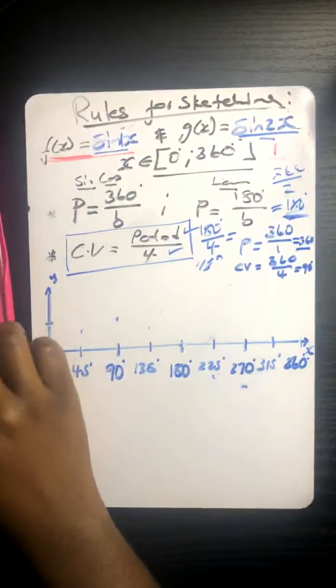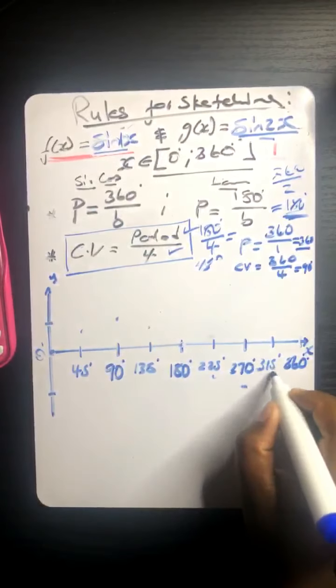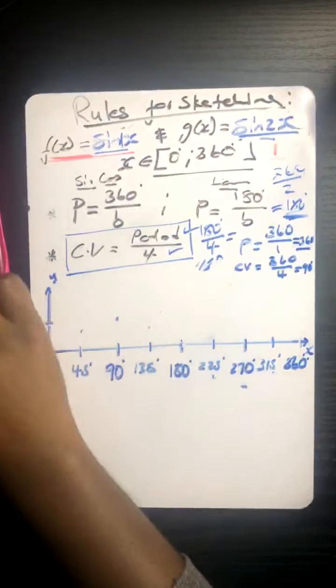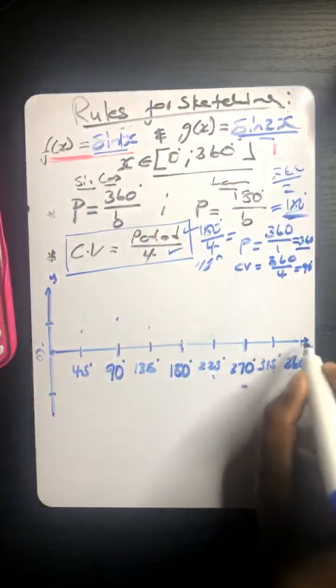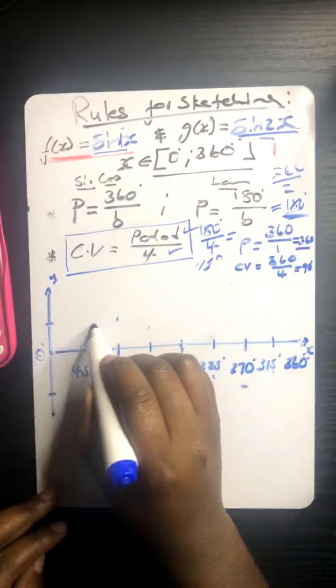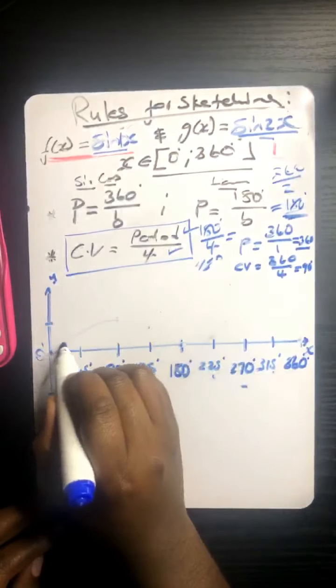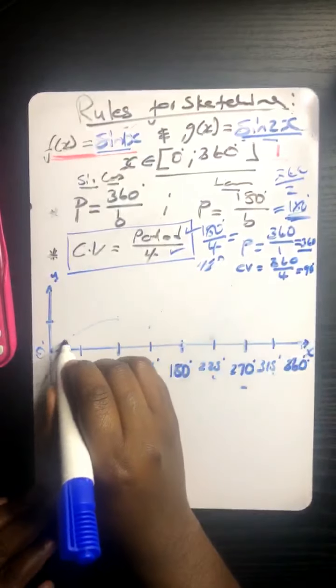You go to 315, I'm getting a negative 0.7, and then you go to 360, that is 0. Then all that you do is just nicely plot that. You might need another marker there.